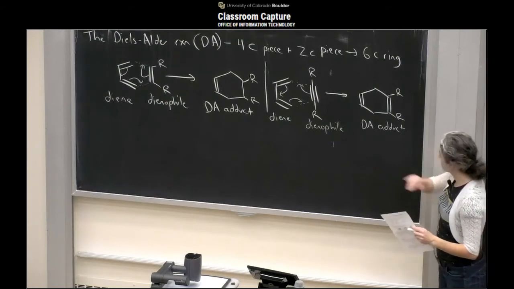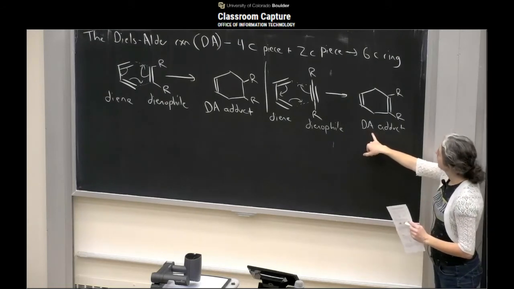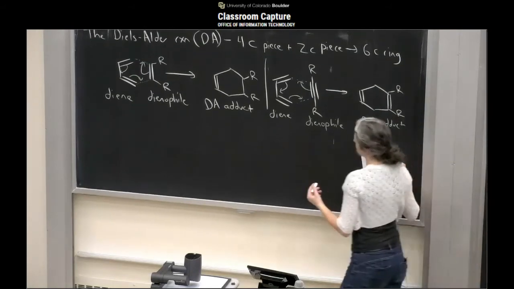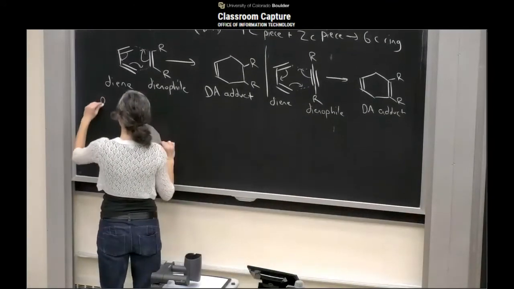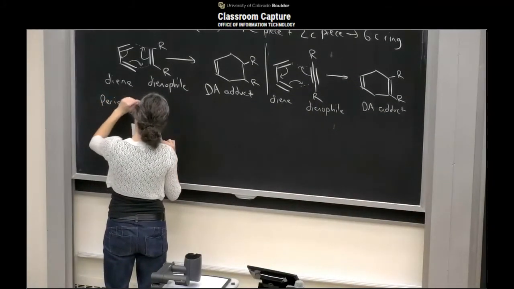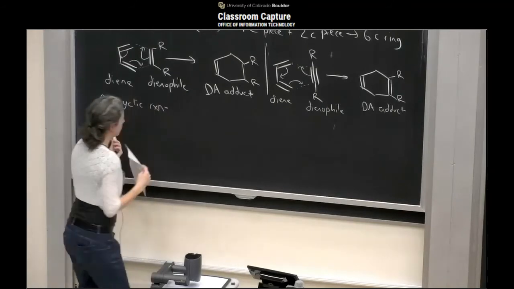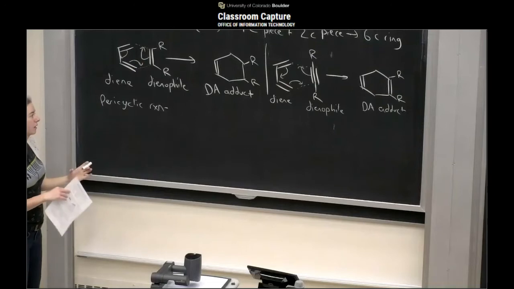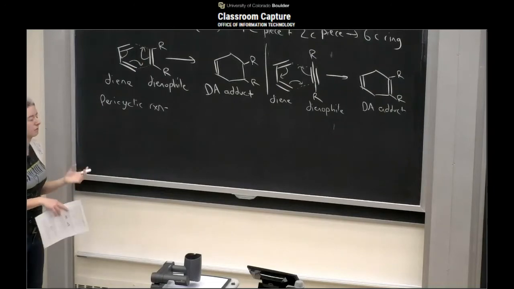So this is actually, I think, the only example we're going to see during this semester of what's called a pericyclic reaction. Which basically just means there's a concerted flow of electrons around a ring or something that temporarily resembles a ring.